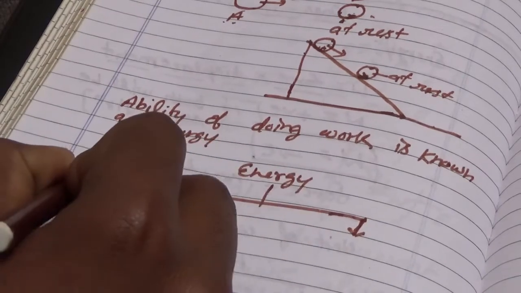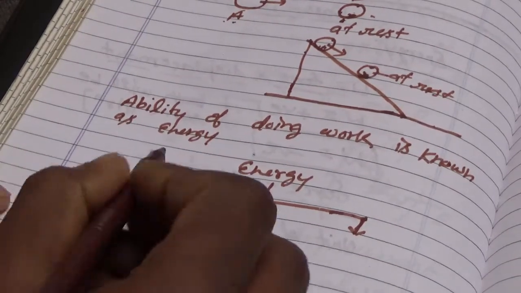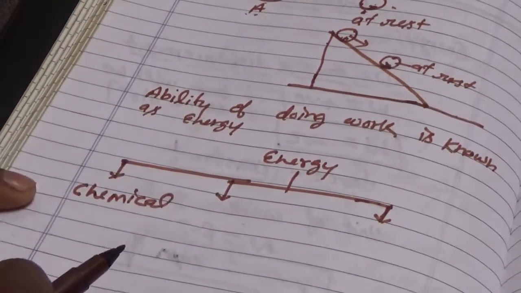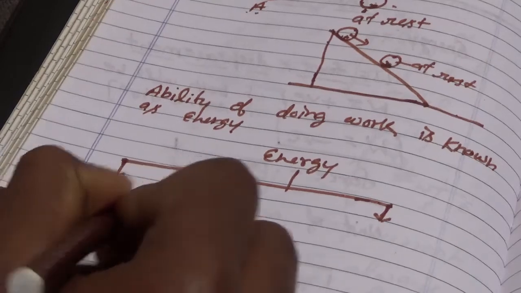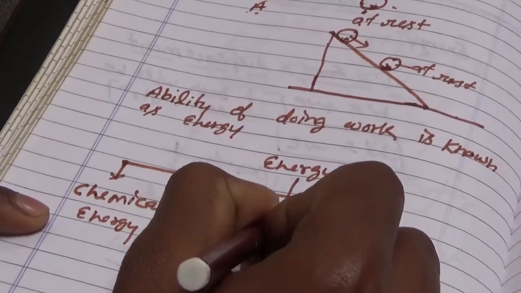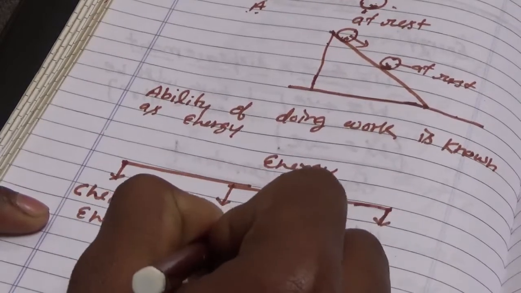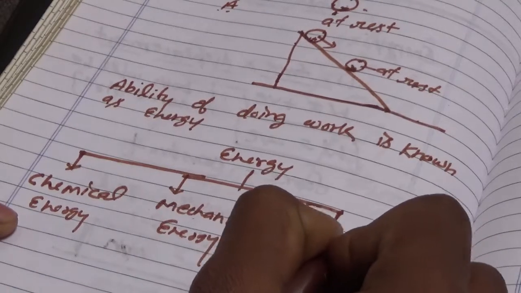Energy may be categorized in many ways: chemical energy, for example a cell has energy, mechanical energy, and also electrical energy.